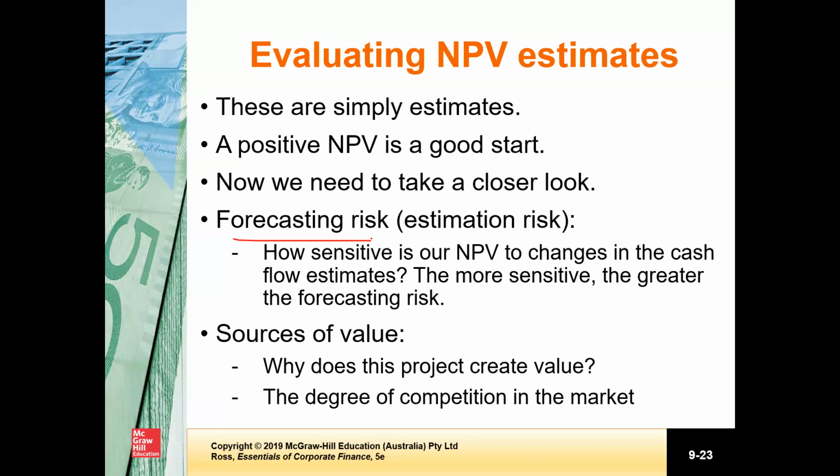reality. The possibility that we will make bad decisions because of errors in the projected cash flows is called forecasting risk. Because of forecasting risk, there is the danger that we will think a project has a positive NPV when it really does not. How is this possible? It occurs when we are overly optimistic about the future, and as a result, our projected cash flows do not realistically reflect possible future cash flows.